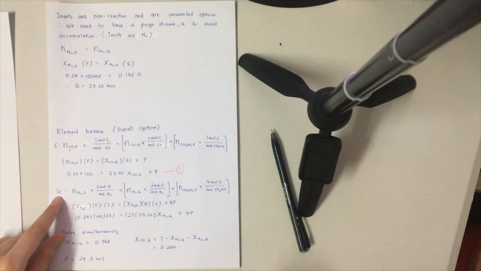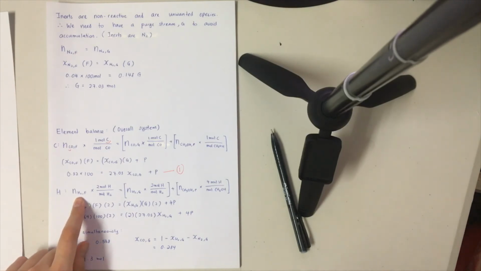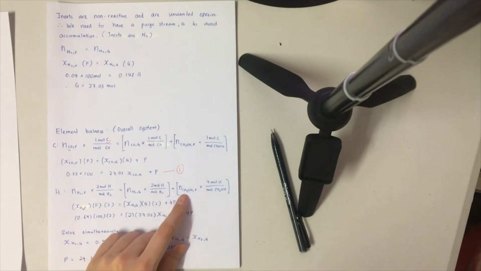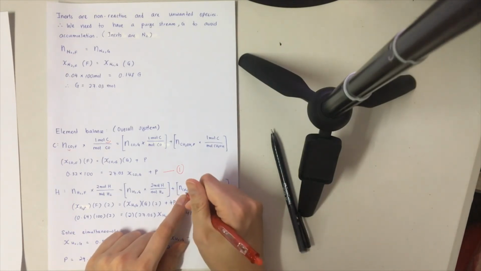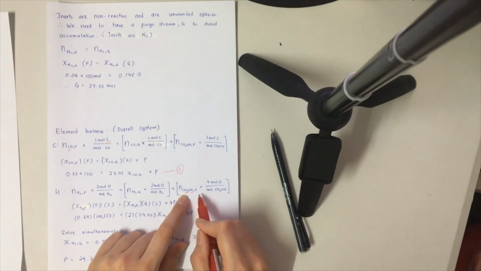Next we can do an element balance for H. For H, what goes in is the hydrogen in the feed, and what goes out is the hydrogen in the purge stream, and we have 1, 2, 3, 4 hydrogen that comes out in the product stream, in the methanol stream.